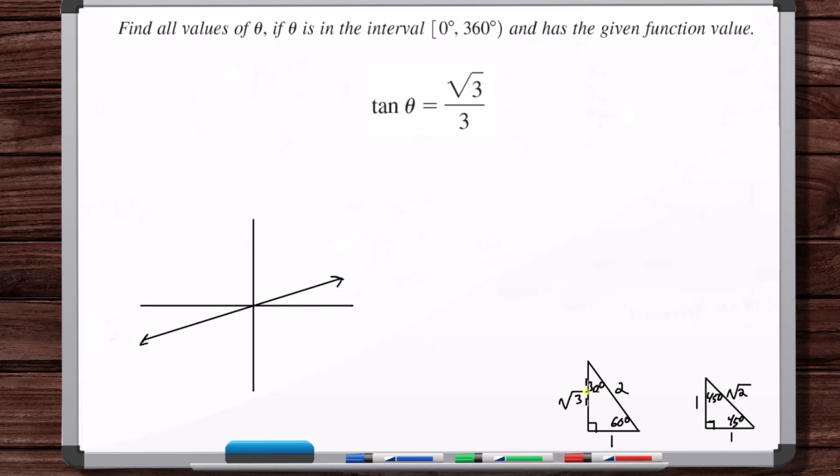We're going to pick a point that results in the hypotenuse being 2 because that's the easiest. So 2, 2, and then this is minus root 3, positive root 3, minus 1, positive 1. So you've got 30.